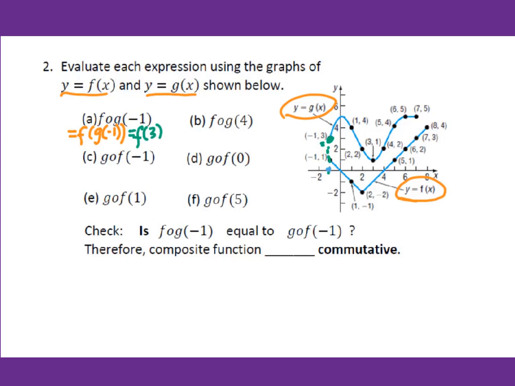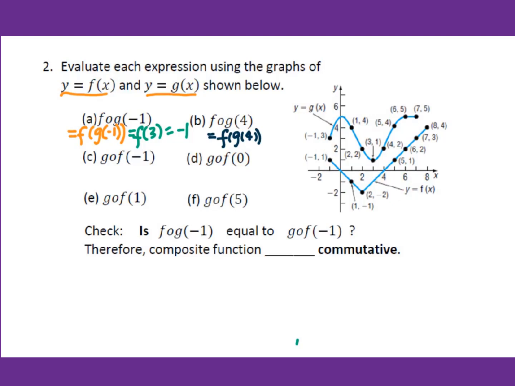Then you find the 3 here. Draw the vertical line to pass through the f function. You can see that is negative 1. So we got negative 1 for A. For B, we have f of g of 4.